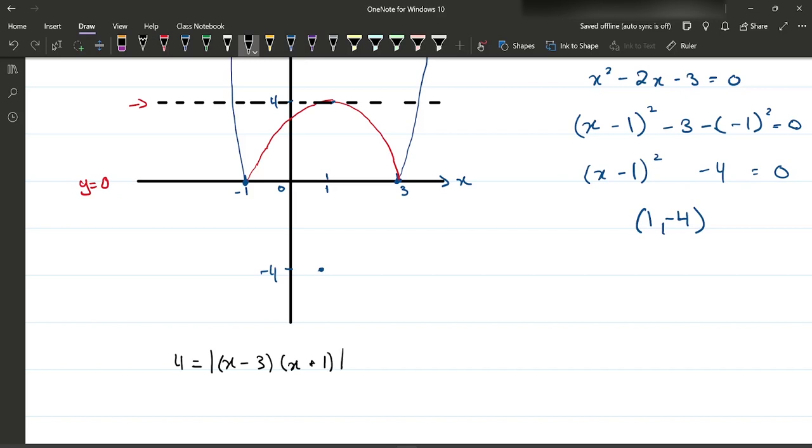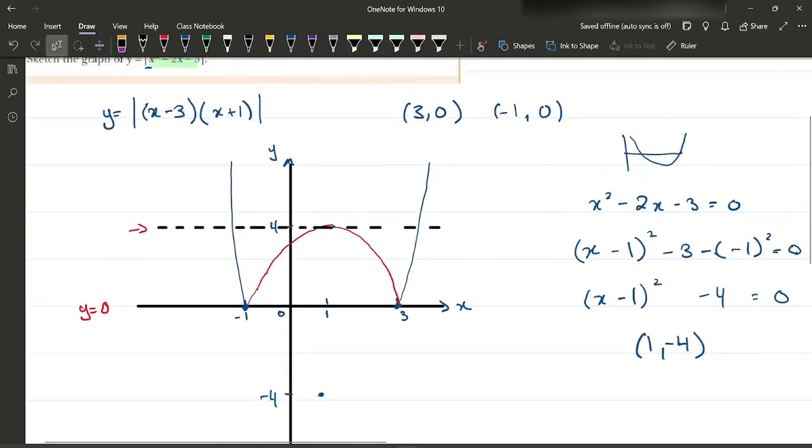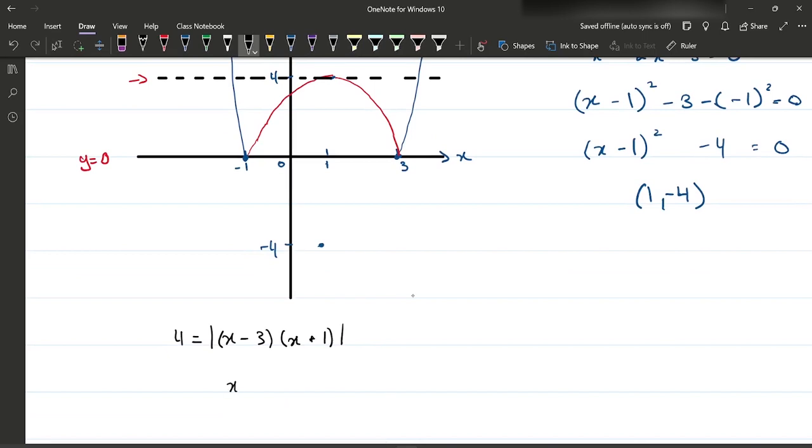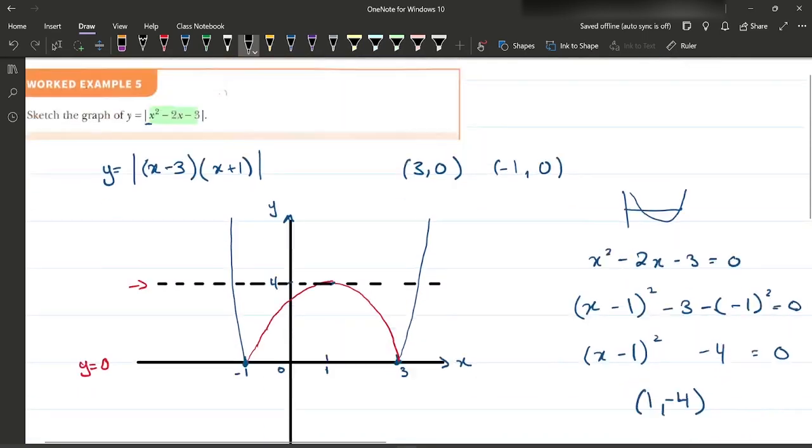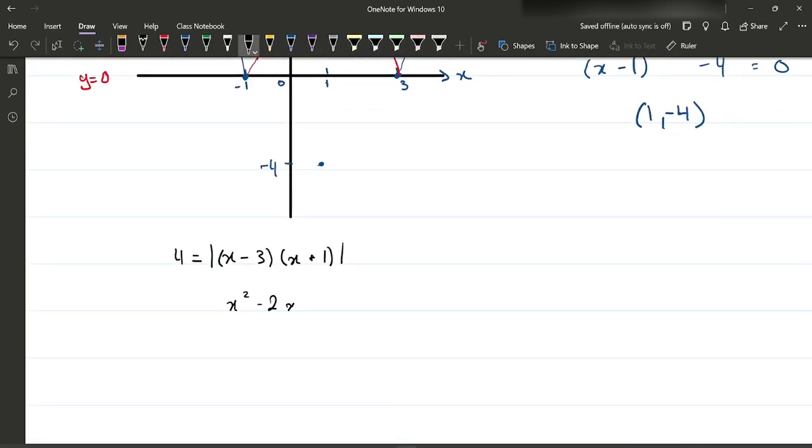When you simplify this, we know that this equals x squared minus 2x minus 3, and 4 is equal to this, so you can just say x squared minus 2x minus 3 minus 4, which eventually turns into minus 7, equals 0, and then you solve it again.